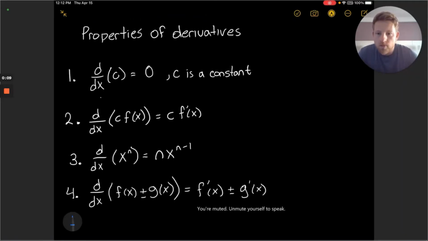The first property of derivatives we'll take a look at is that the derivative with respect to x, this is what this notation d dx is meaning.